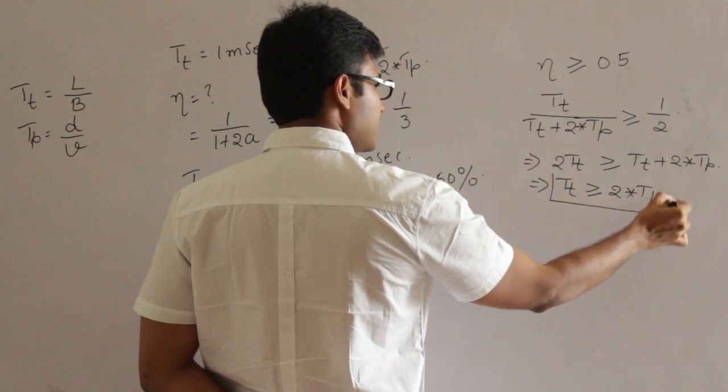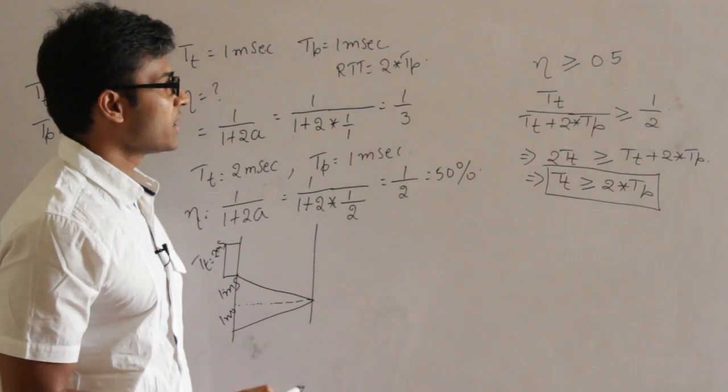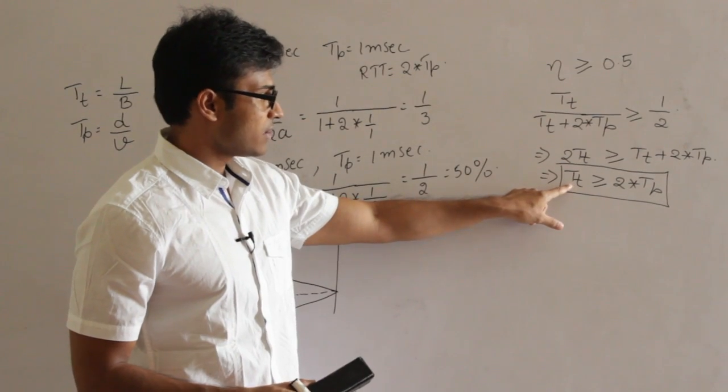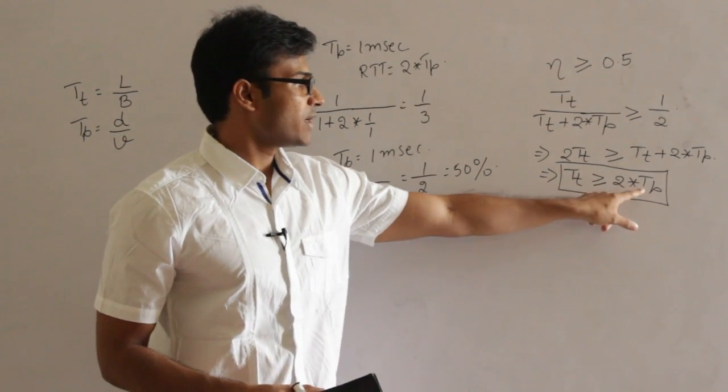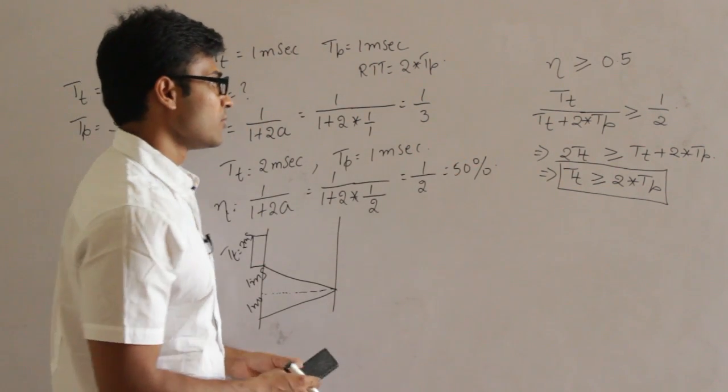So if this happens, then the efficiency is more than 50%. Why is this so? Because if we are transmitting for at least twice the propagation delay, obviously the efficiency is going to be more, right?